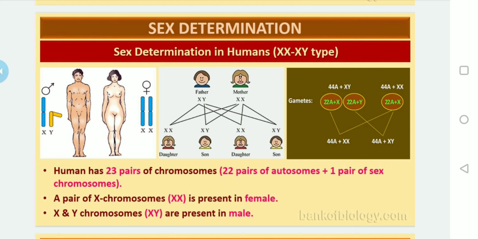If 22 autosomes plus X fuses with Y, there is a possibility of 44 autosomes plus XY, which gives rise to the male. Are you getting it?